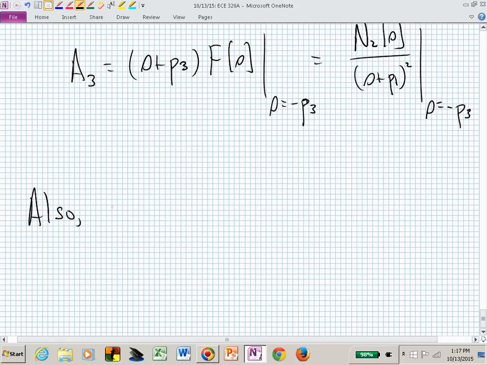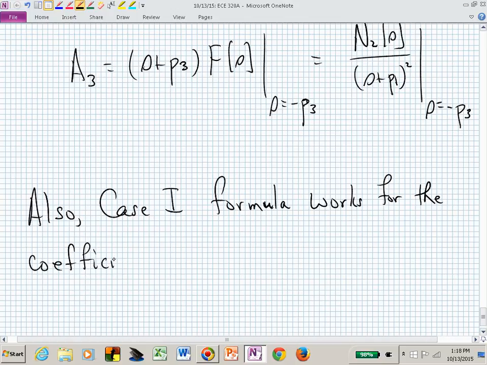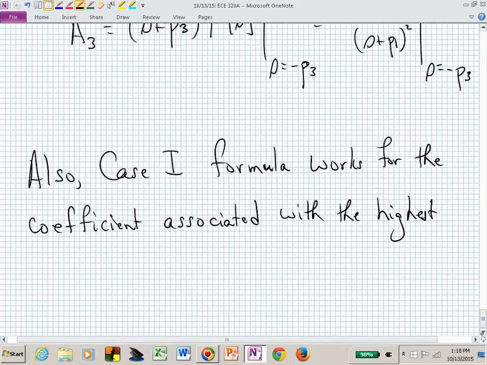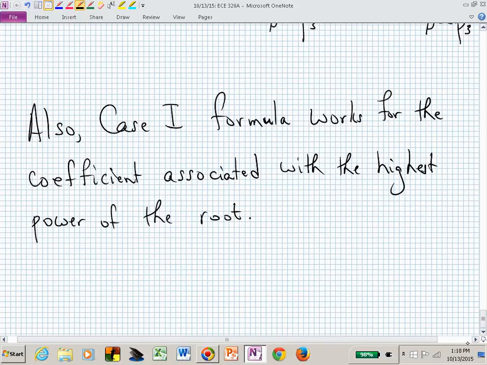Also, the case 1 formula works for the coefficient associated with the highest power of the root. And that, in this case, is a sub 1.